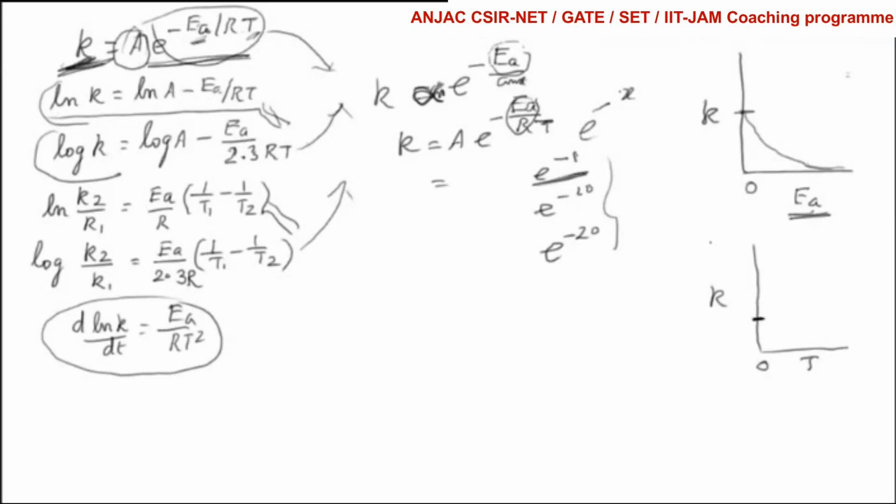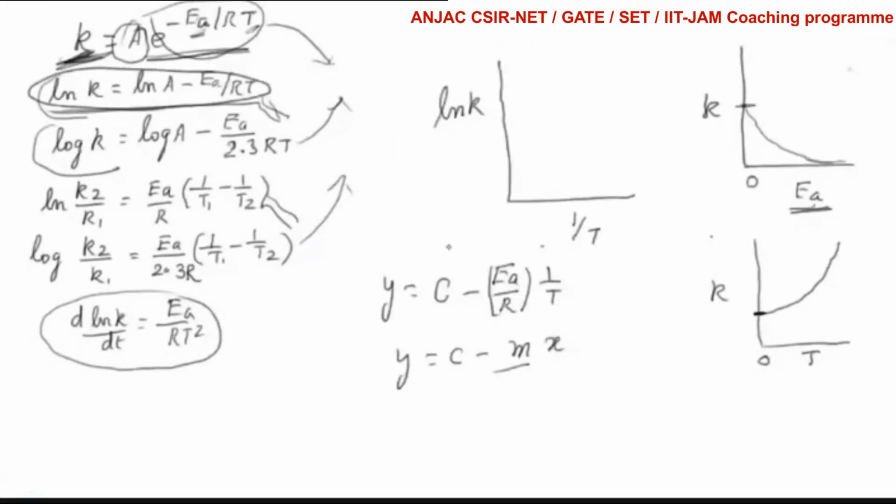And as the temperature keeps increasing, you will find the value keeps increasing. This is K versus EA and K versus T. Therefore, you should have an idea of this exponential plot, and then if any question is asked, you can draw it.